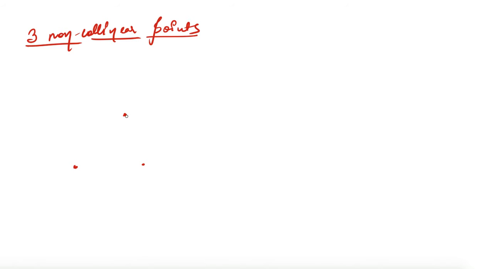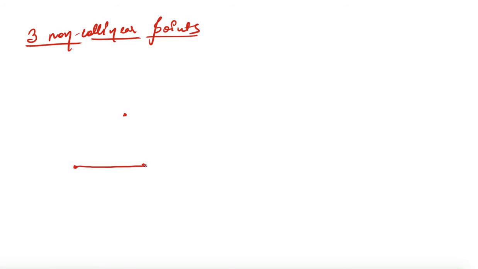Say I have three non-collinear points, and I want to know how many circles can pass through it. Well, normally you can just look at it and say that only one circle can pass through it, right? Let us see how it is possible. So what I'll do here, I'll join these points.